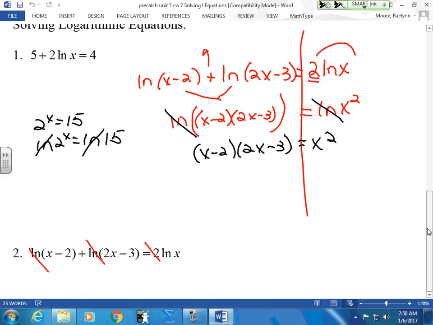Now, how would I solve this? You would get everything to one side, so you would set it equal to 0, distribute this, distribute that, get everything to one side, factor it again. Do you need to do that part? I'm just going to tell you what the answers are. It all factors, and then it comes down to this. So when we factor, we're here.